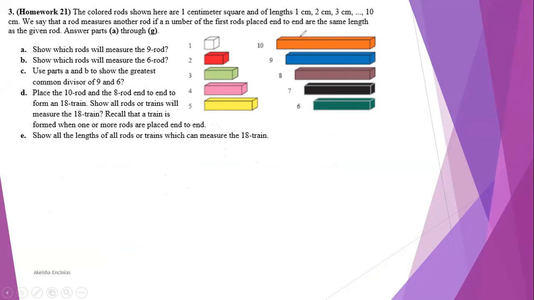So the first part is, which of these rods are going to measure the 9 rod? And you're going to imagine, say this is 9 centimeters long. Which of these will add up but not be too small or too big to be 9?